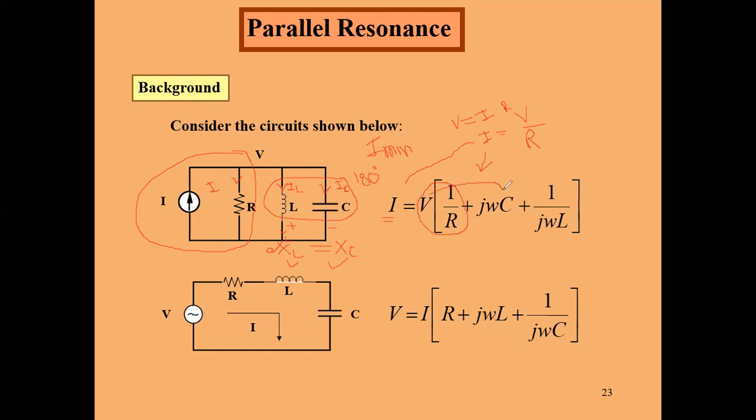The current can also be written as voltage divided by XC, where the value of XC is 1 divided by omega C.